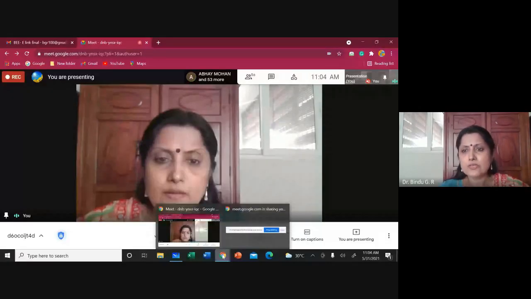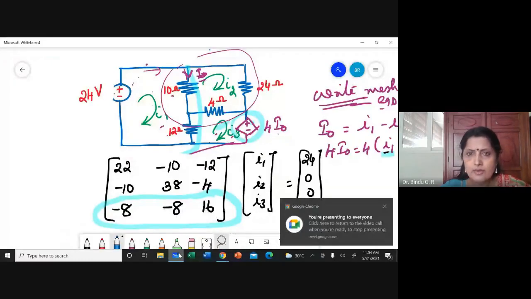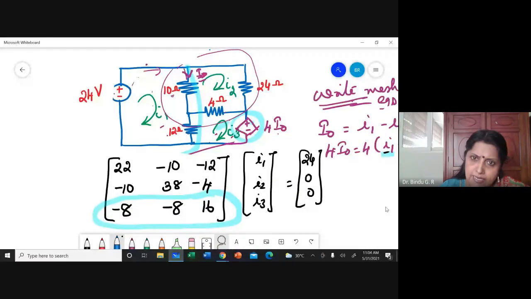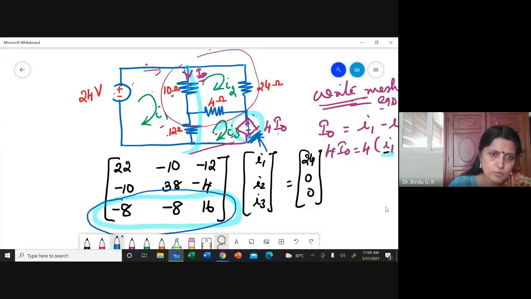So what we were discussing was this problem. Hope you remember. Now here in the first case, I didn't consider this at all. It was like this. So I then inserted such a dependent source and I asked whether you are getting these columns correctly, this row correctly, the entries of this row.